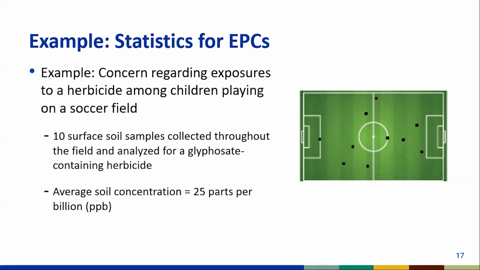Ask yourself if you would use this average to represent exposures in your health evaluation. If so, how confident are you in this average? That is to say, do you think 25 ppb reflects the true average concentration that children are exposed to while playing in the field? Could the true average be higher or lower? It's easy to conclude that some uncertainty exists around this question.